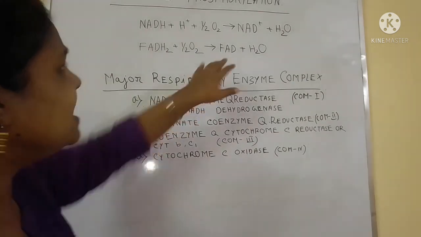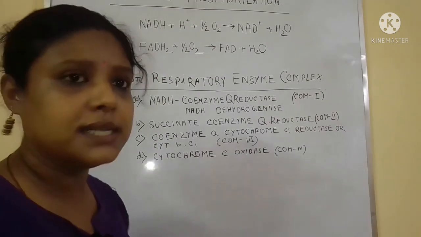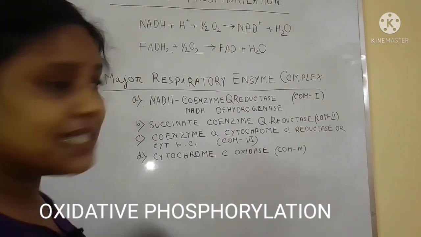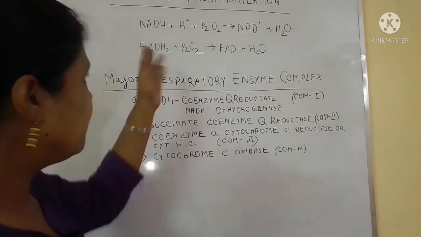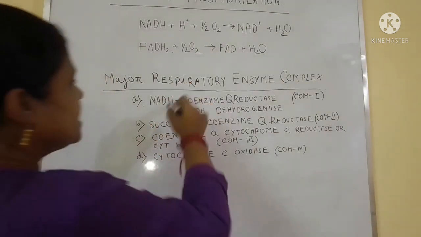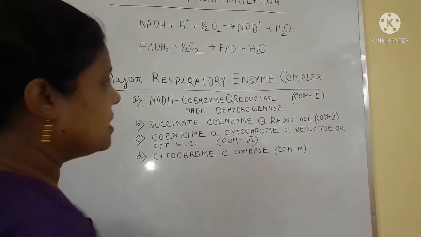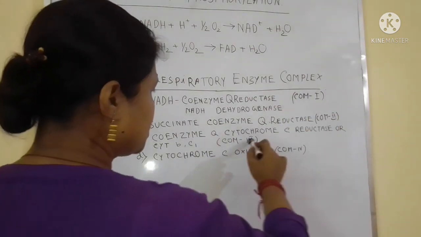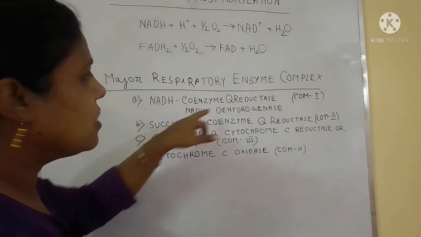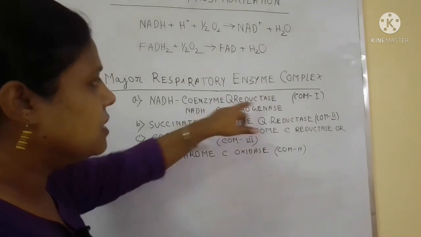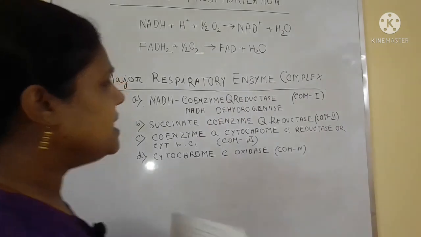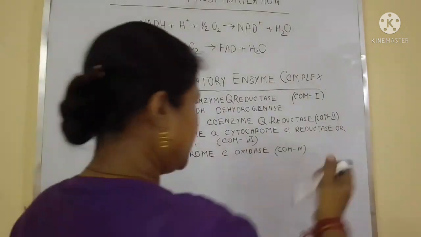This oxidative phosphorylation occurs in the inner mitochondrial membrane, and these are the enzymes involved in completing this process. These enzyme complexes are known as complex 1, complex 2, complex 3 and complex 4. The first one is NADH coenzyme Q reductase, that is complex 1, or NADH dehydrogenase.